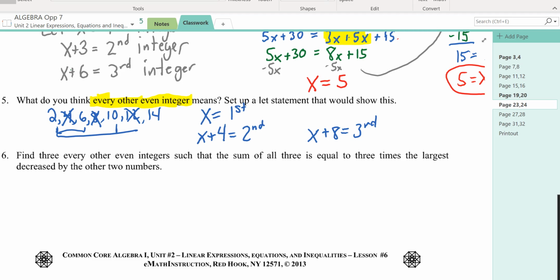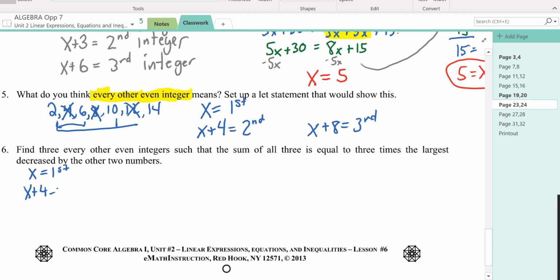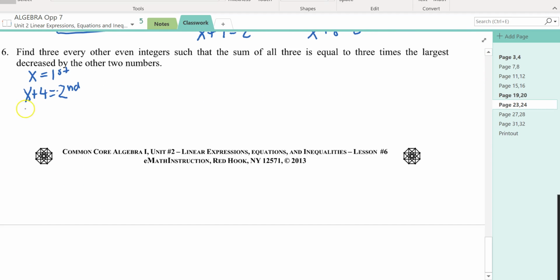So x, x plus 4, x plus 8 equals the third.